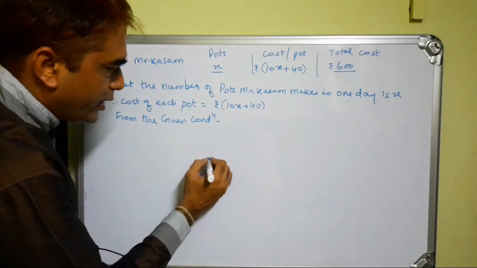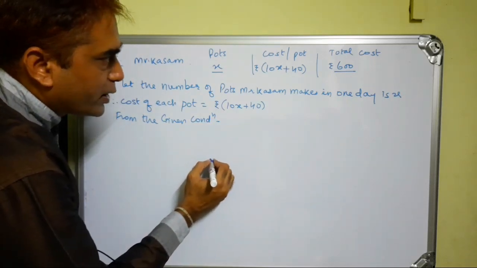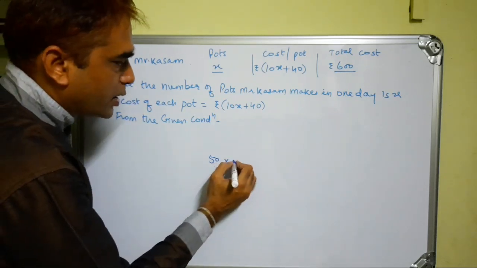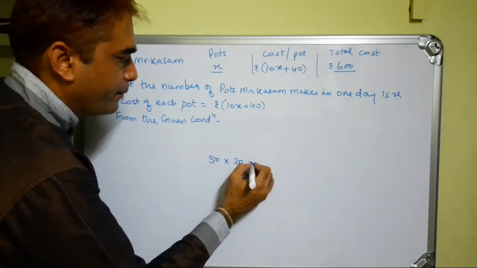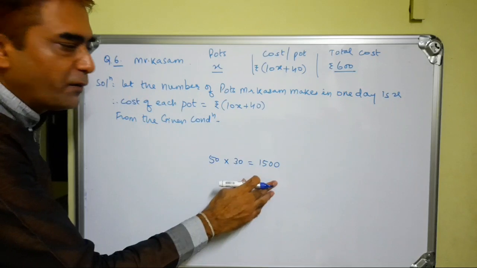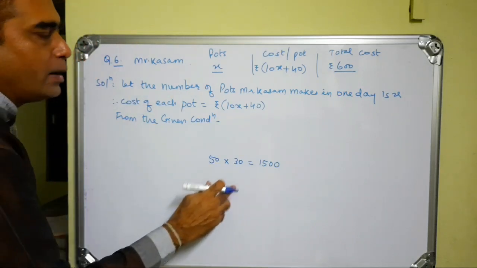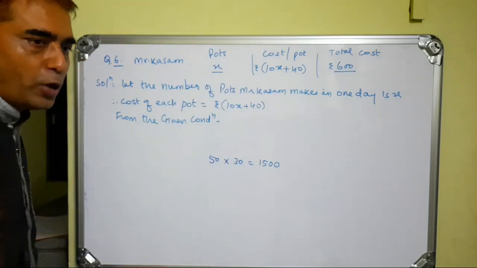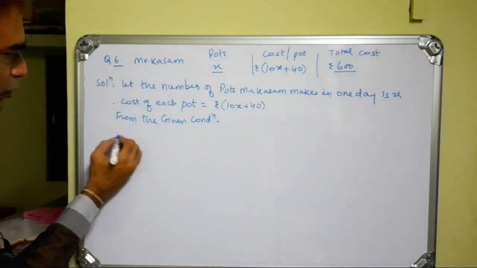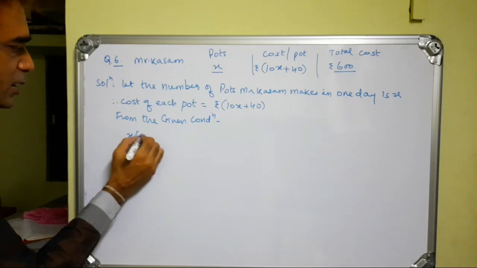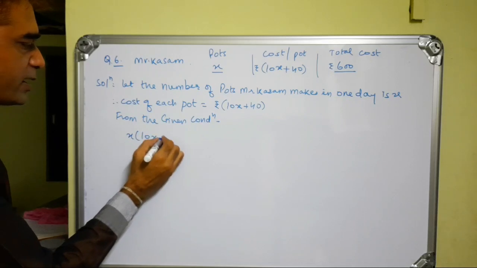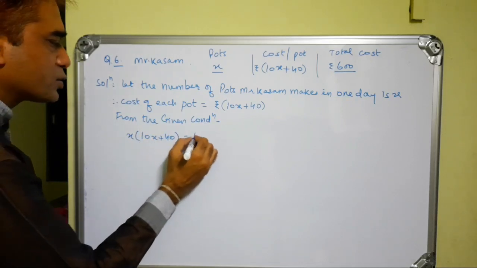Example, if the cost of each pot is rupees 50 and he makes 30 pots per day, then the total cost of all the pots will be rupees 1500. So we have to multiply the cost of one pot by the number of pots. So from the given condition, x multiplied by (10x plus 40) equals 600.